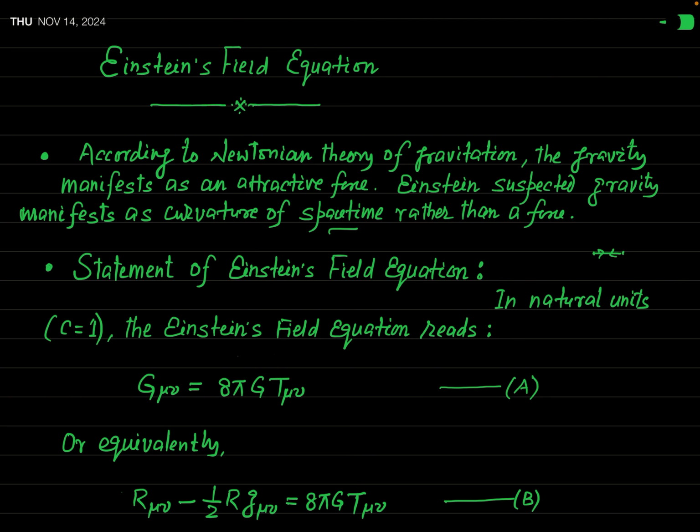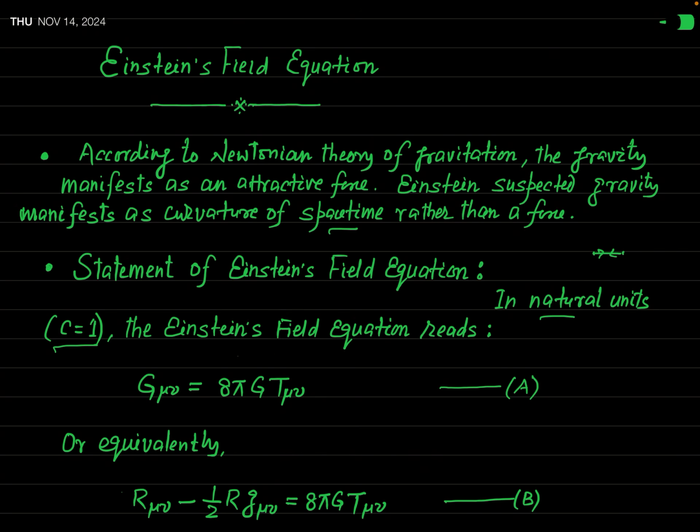Actually, we express Einstein's field equation in two units in general relativity. The first one is called natural units and another is called relativistic units. In natural units, we take the universal constant c, which is the speed of light in free space, equal to 1.